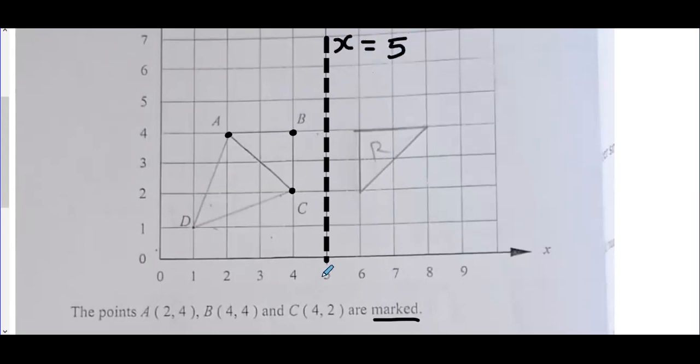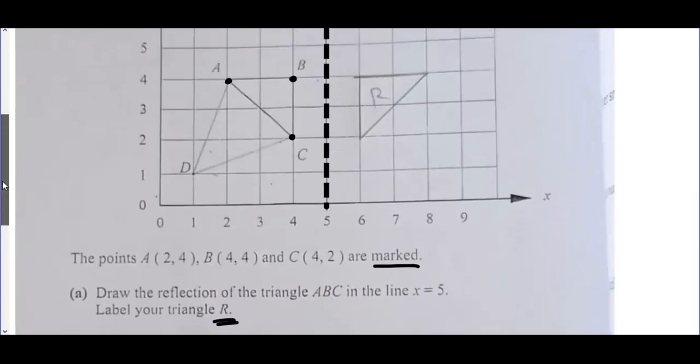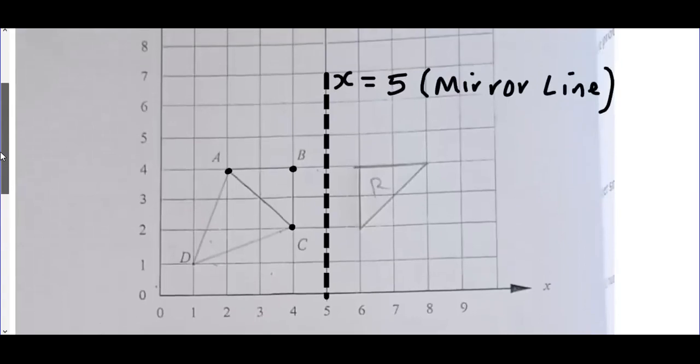This is what we call the mirror line. So, draw the reflection of the triangle ABC in the line x equal to 5. Label the new triangle R.